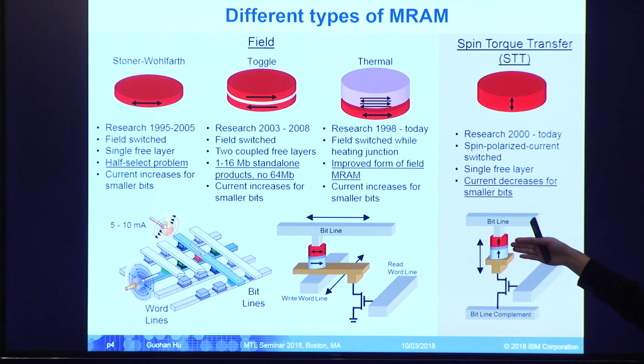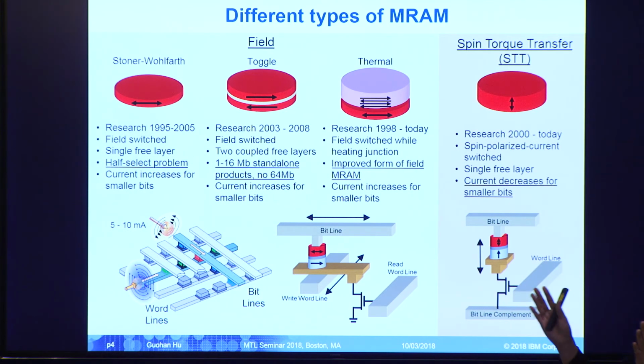You have a magnetic tunnel junction, and then you have a transistor. That's all you have. Structure-wise, it's very simple, and you can scale it, and you can pack them very dense when the structure is simple. Also, one good thing about this structure is the current actually decreases when you go to smaller bits, because the current density is fixed. When you shrink down your size, the current itself decreases.